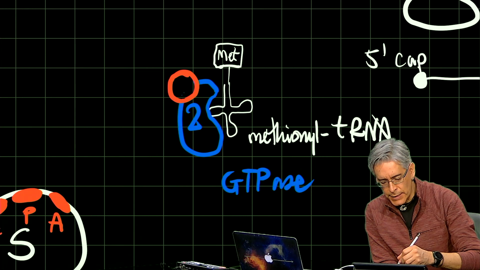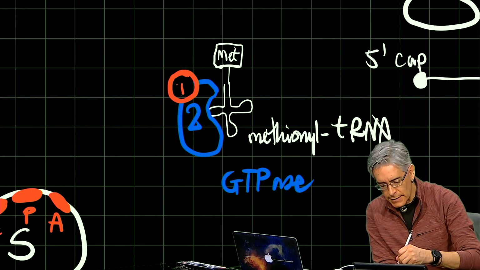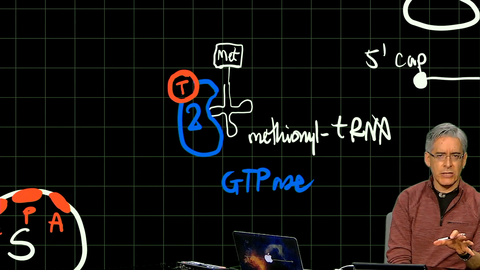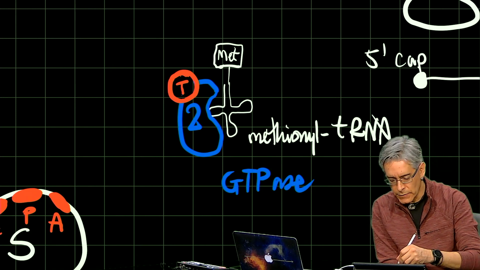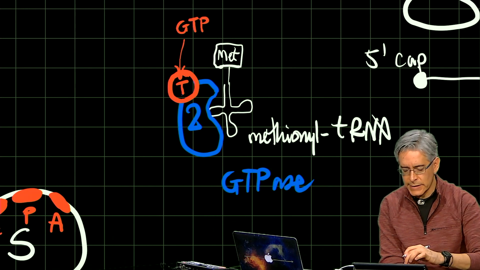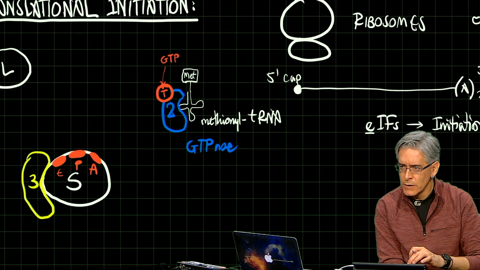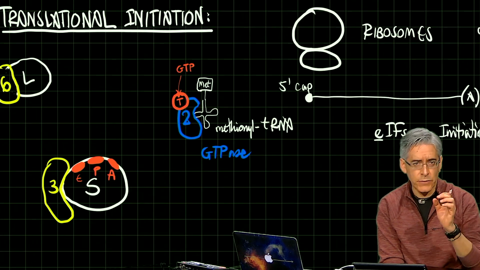And this is GTP, so since it is GTP, we are going to put a T to indicate that it is the GTP. So remember, when you see the T, that indicates GTP. So it's a guanine triphosphate nucleotide that is bound to eukaryotic initiation factor 2.